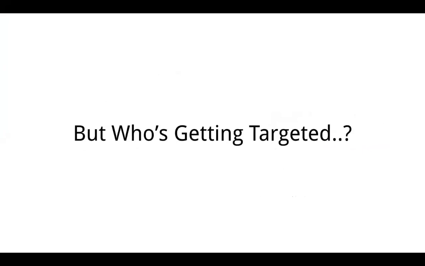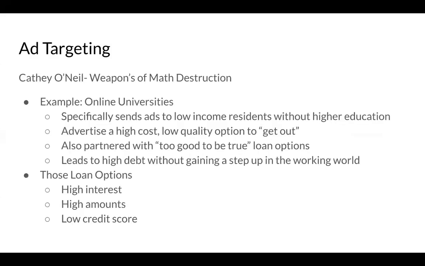But I think the important part to be cognizant of is who is getting targeted. So Cathy O'Neil wrote a book, Weapons of Math Destruction, where she talks a lot about algorithms and how the black box can perpetuate biases and code our environment in a way that's not necessarily productive.